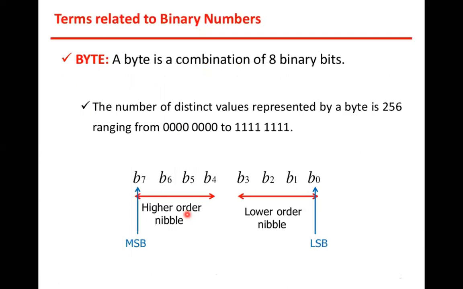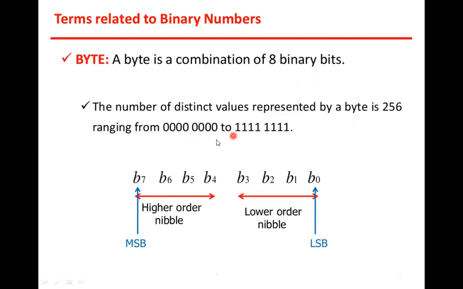What is a byte? A byte is a combination of 8 binary bits. It means 2 nibbles, because one nibble has 4 bits. So 8 bits is nothing but 1 byte or 2 nibbles. The number of distinct values represented by a byte is 256, ranging from 0000 0000 to 1111 1111.